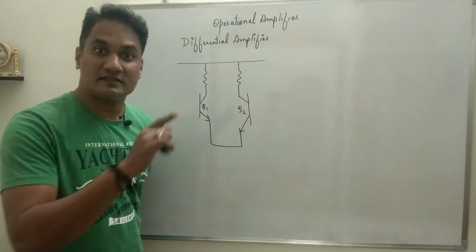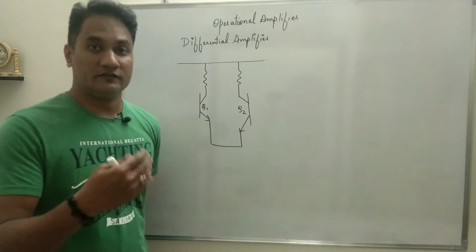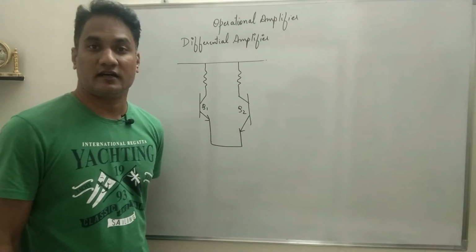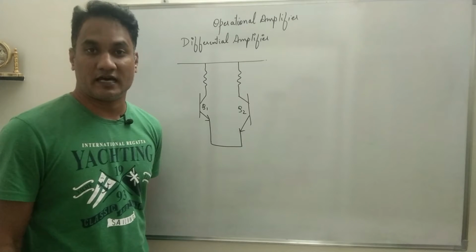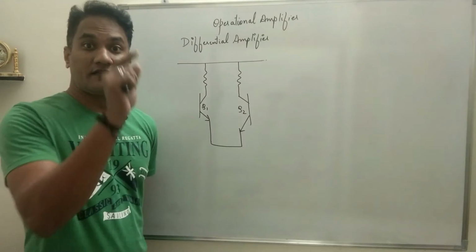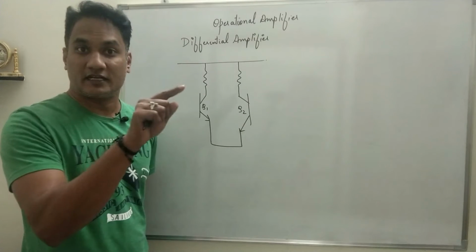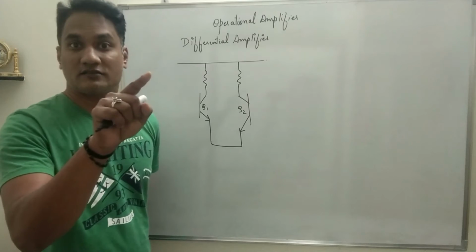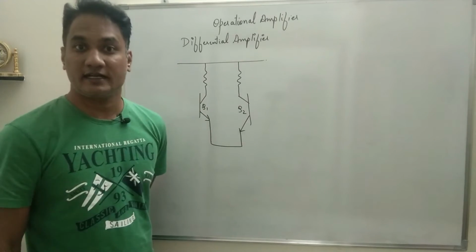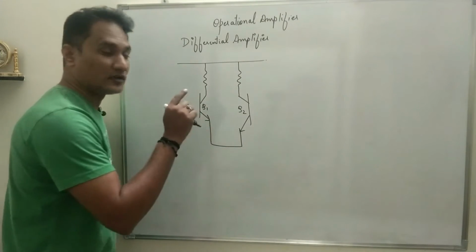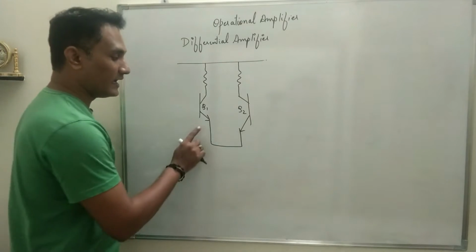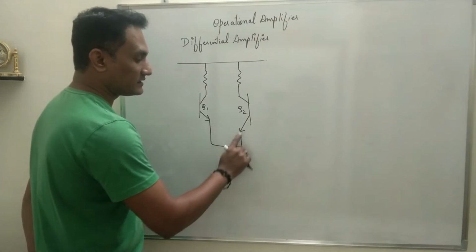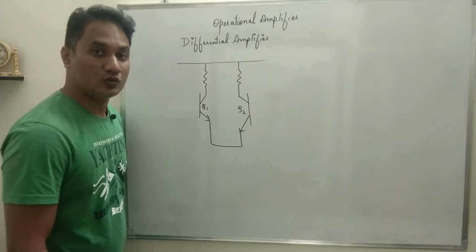In the previous video, when we tried to understand the disadvantages of RC and direct coupled amplifiers, we saw that the collector of the first was connected to the base of the second, the collector of the second to the base of the third, and that is how it was connected. In this case it is also a direct coupled amplifier, but the emitters of the two transistors are connected together.